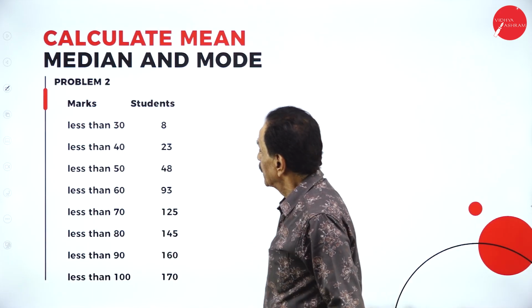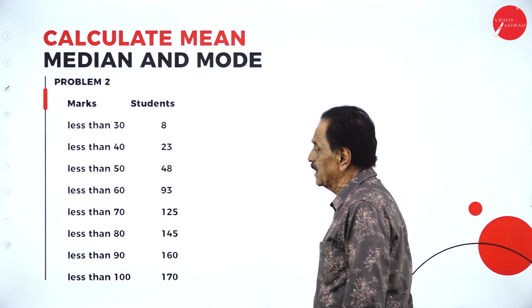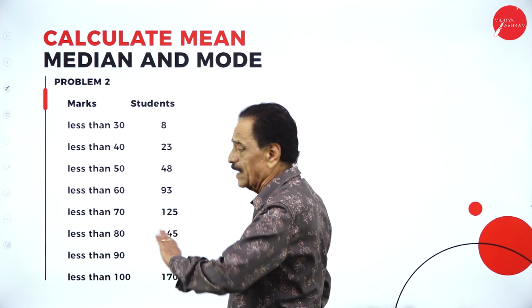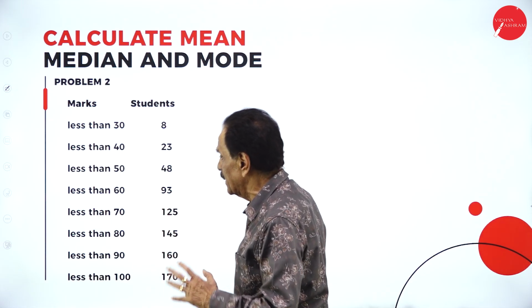Marks: less than 30, less than 40, less than 50, less than 60. There is a difference of 10. Less than 30 means a difference of 10 deducted: 20 to 30, 30 to 40.